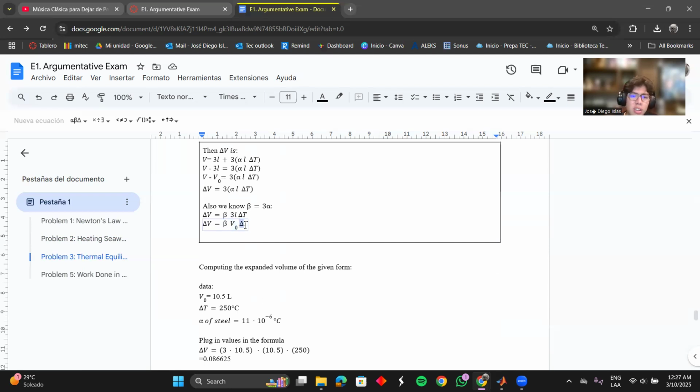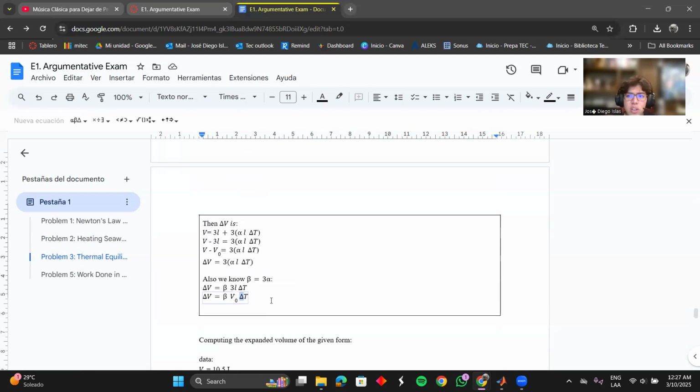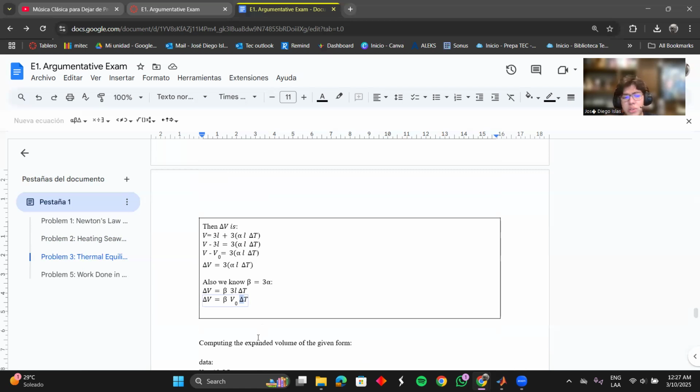And the change in temperature is the same as it would be in the linear expansion. We just state it as that constant, because it wouldn't change. Whether you make it linear or volumetric, it's the same delta T, so we don't have to change it.